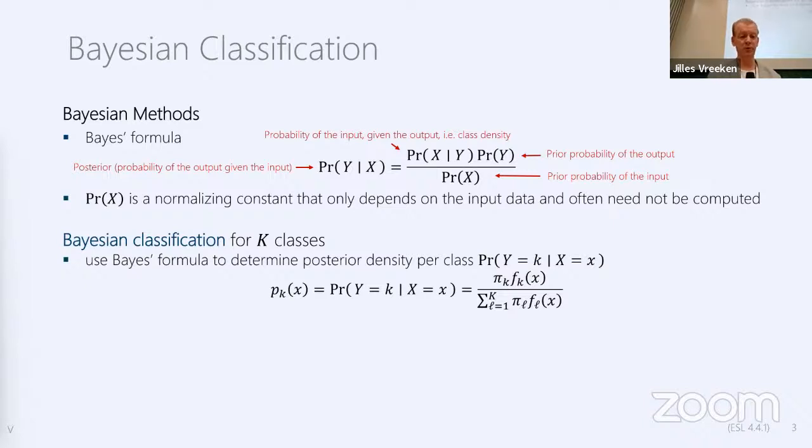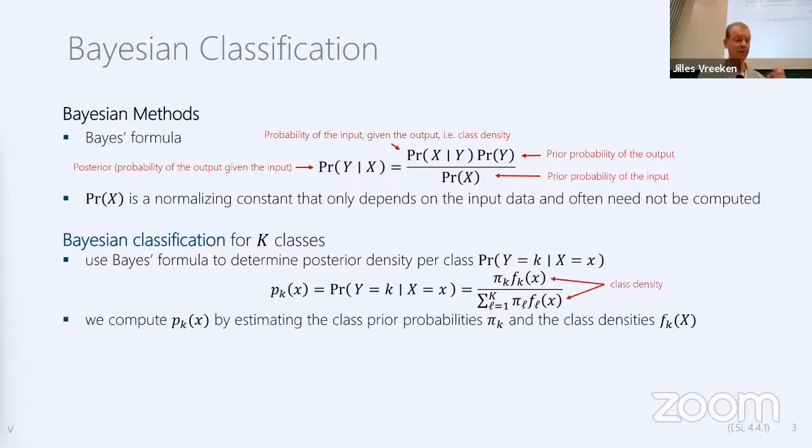Now what we need to compute is the following. This is the density of X for class K. We have here a number of weird symbols. Which ones do we have? We have these f_k for a given x, as well as f_l given x. These are the class densities.